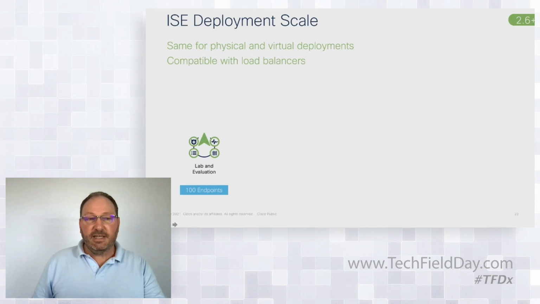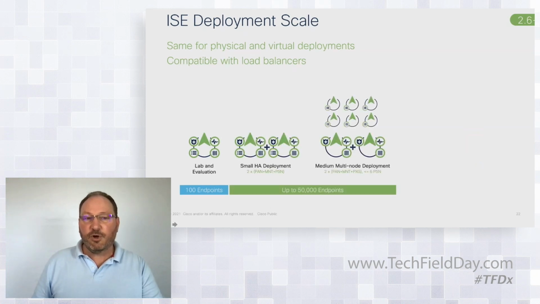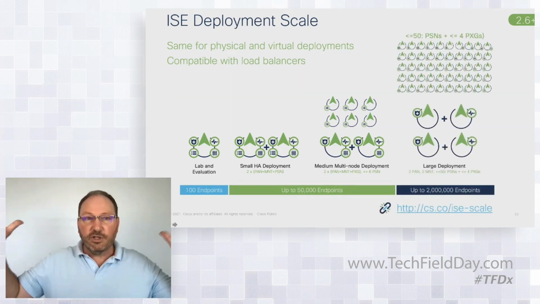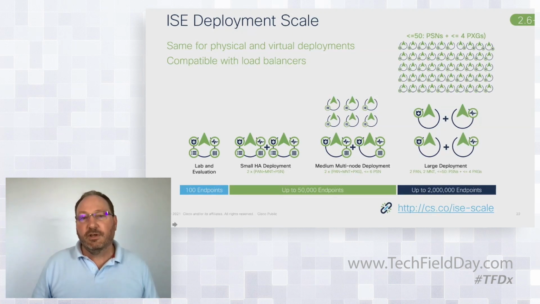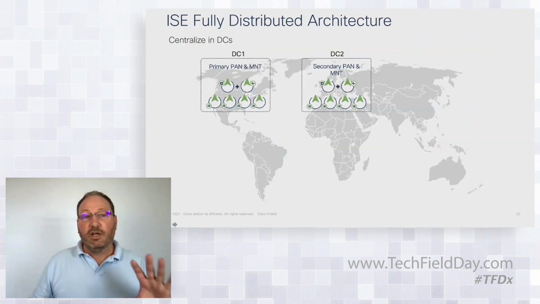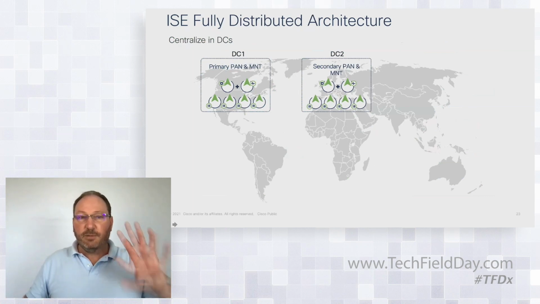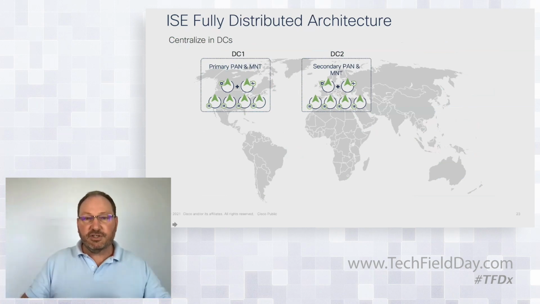We did it today basically like a lab or an evaluation. You could put a pair together for a small production. You could do a medium production deployment, or you can go really large scale, 2 million endpoints as well. We could deploy all these out into AWS today, or you could use your traditional data centers. Customers typically have a couple of data centers that they want to deploy into behind a load balancer if it's really large scale.